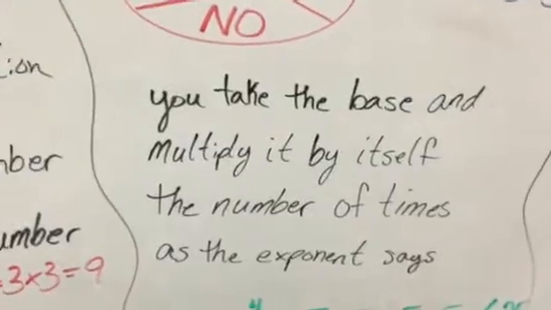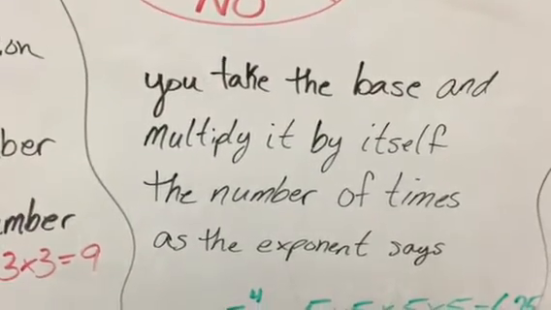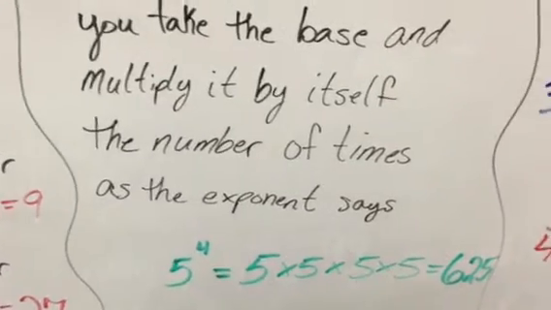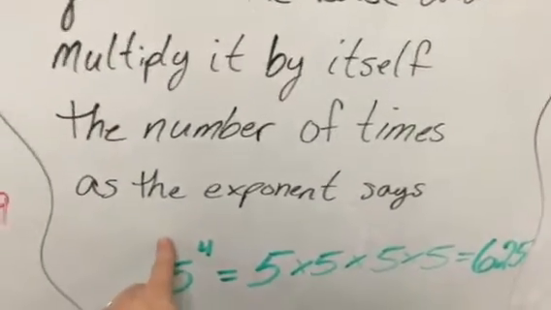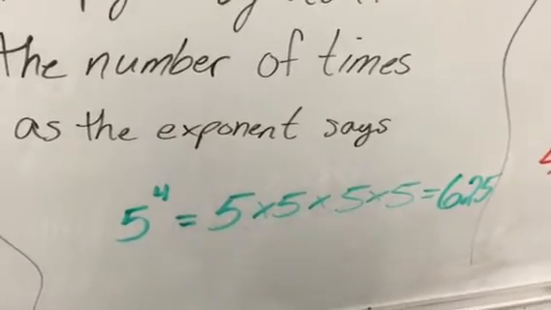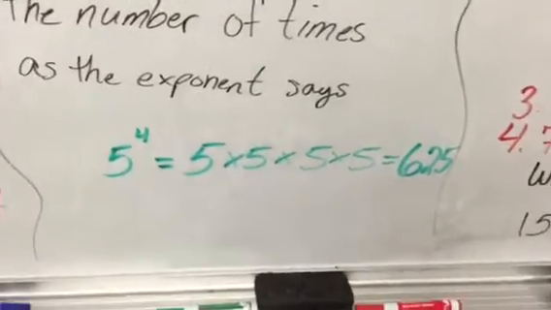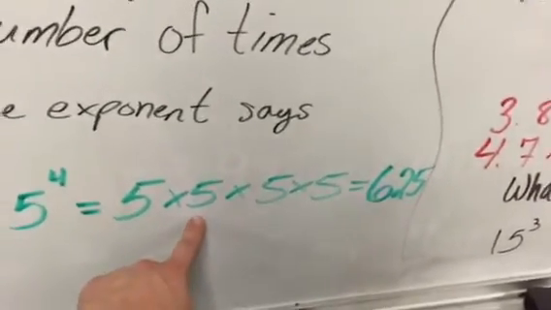What you do, you take the base and multiply it by itself the number of times as the exponent. So in the example of 5 to the 4th power, you take 5 times 5 times 5 times 5, which then would equal 625. Pause the video and see if you can remember which form this is.